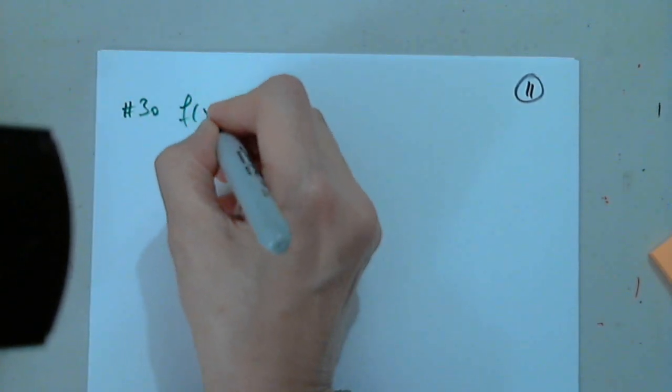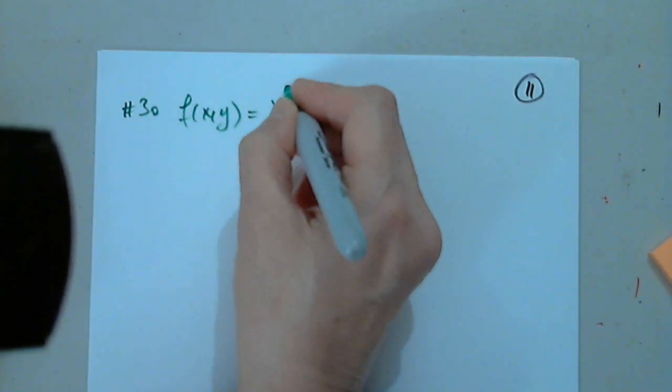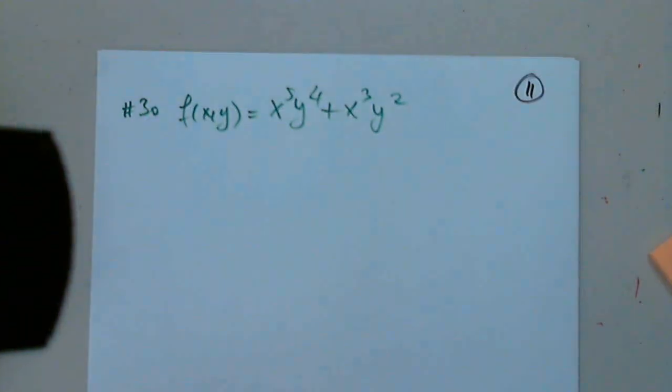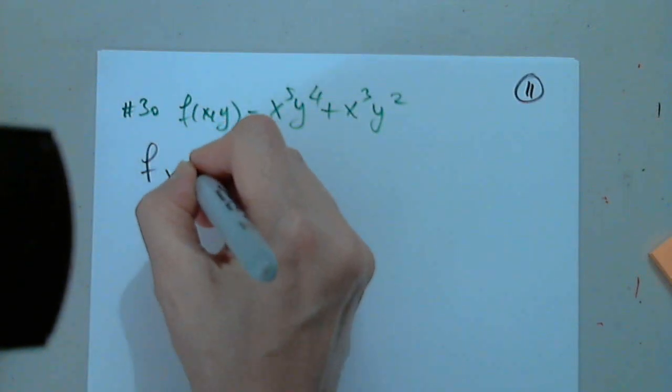So this is f(x, y), which is x to the 5th y to the 4th plus x cubed y squared. Remember, if f_xy does not equal f_yx, then we said, oops, something is terribly wrong. So we have to find f_x.